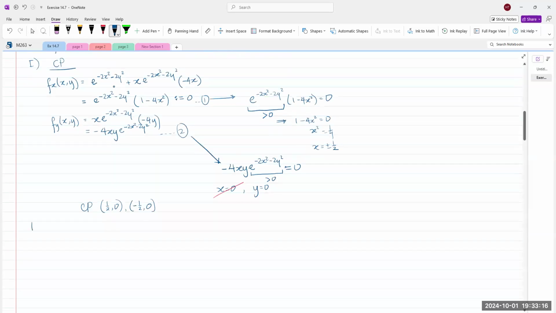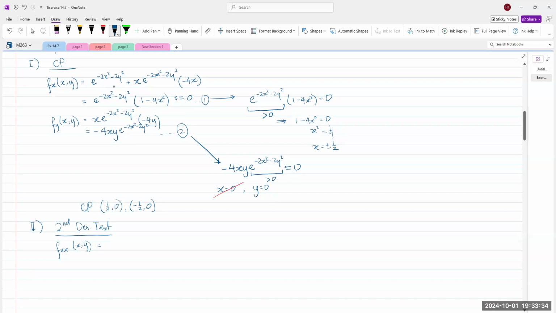Then we apply the second derivative test. f sub xx of x, y will be, oh, this is so tedious.